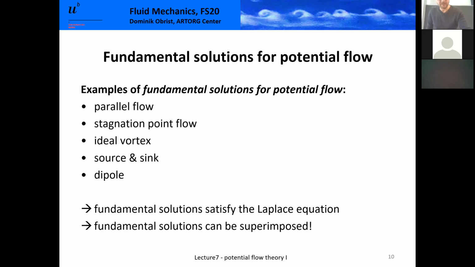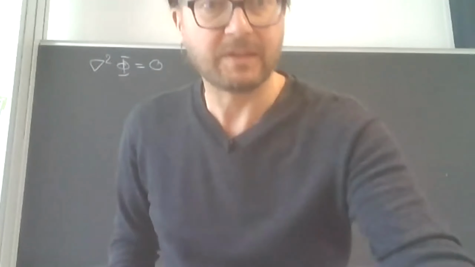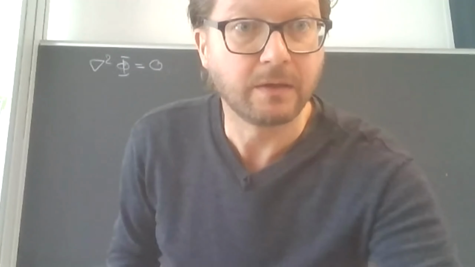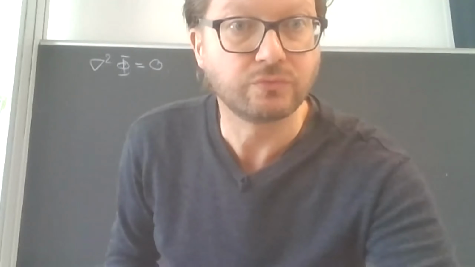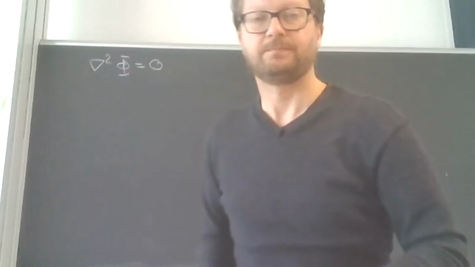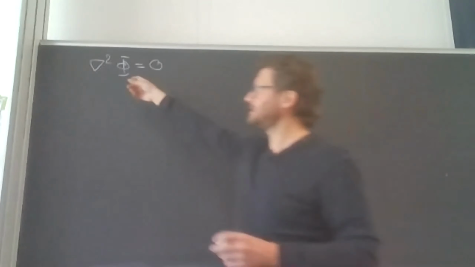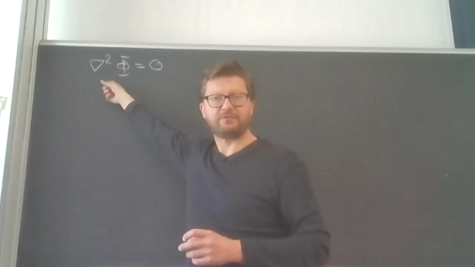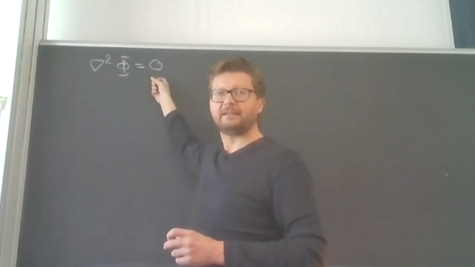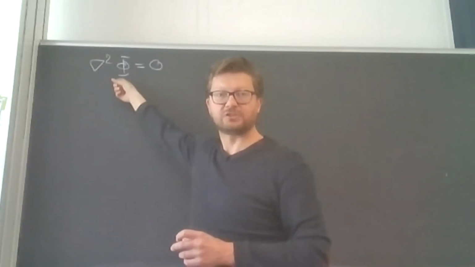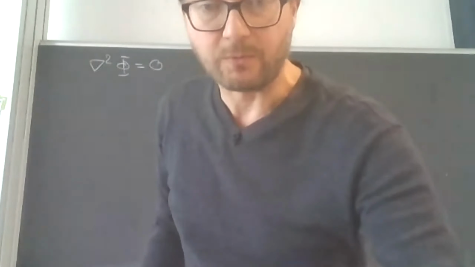So let's get started with the first one. Let me come back to the blackboard. So this is the second derivative, and the second derivative of a function must be 0.